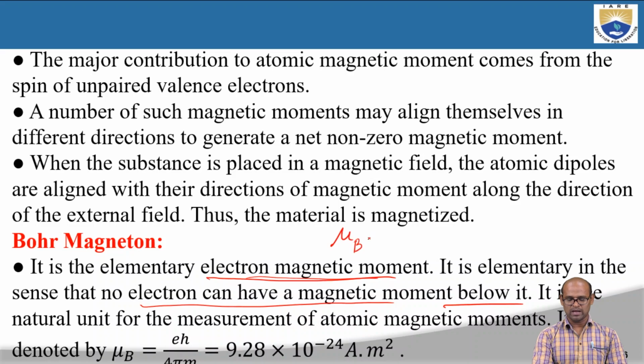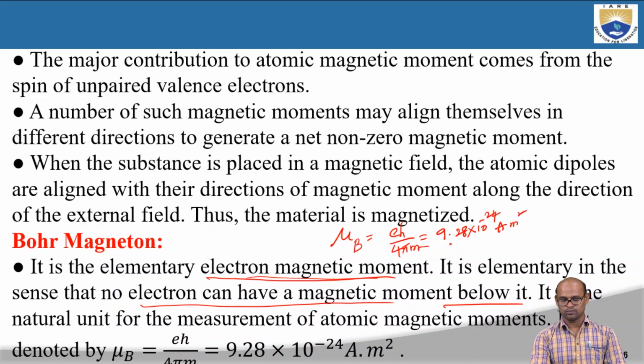So we know that Bohr magneton mu B is equal to eh by 4 pi m, and the value of this is 9.28 into 10 power minus 24 ampere meter square. We know that this is coming from electrons, the orbital motion of electron and spin of electron. So in both of the electronic contributions to magnetic moment, we are going to have this Bohr magneton.